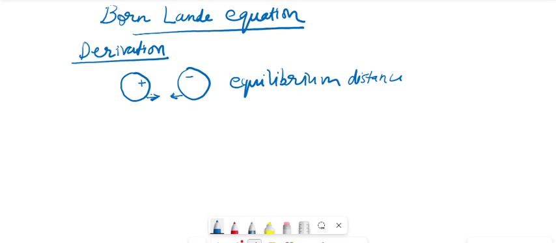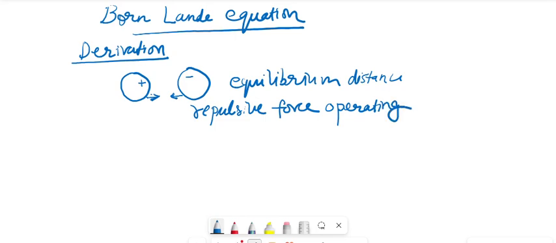Now there is a balancing short range repulsion also taking place. When they come up to a certain point, then there is repulsive force operating, and this force is of short range.